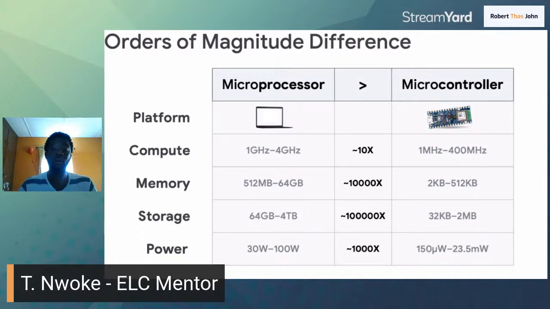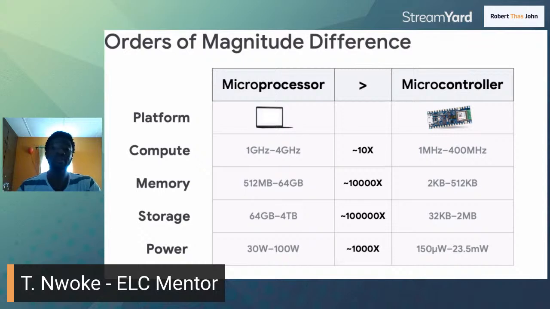And on the memory part, microprocessor powered devices can have memory of 500 MB to 64 gigabytes, right? And you can see that of the microcontroller is really, really small. It's running on kilobytes, 2 kilobytes to 512 kilobytes.